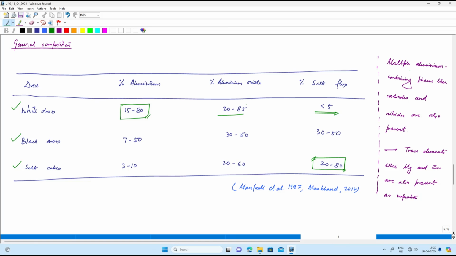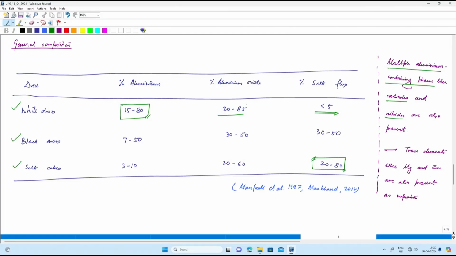We also observe that multiple aluminium containing phases like carbides and nitrides are also present in the dross. These types of phases are formed due to the presence of various elements when aluminium is in the molten state.